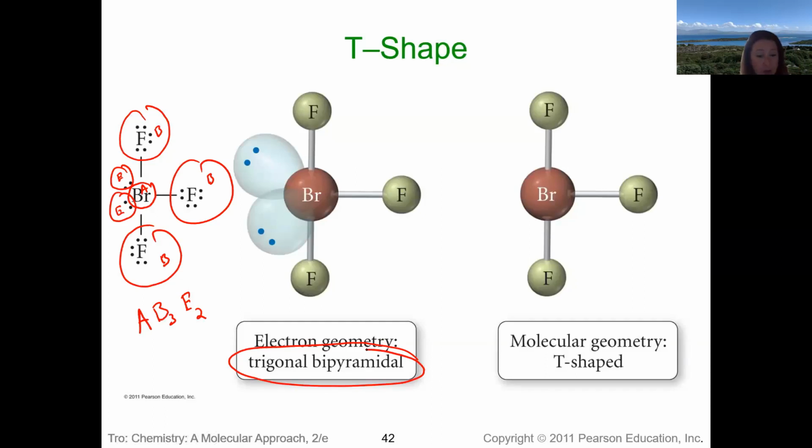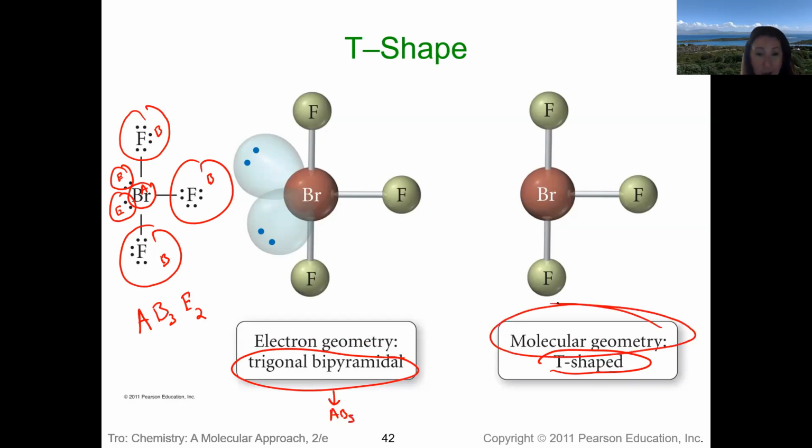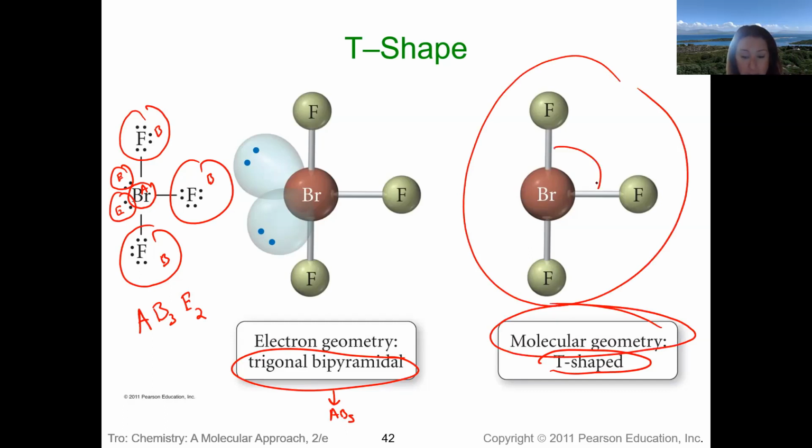That's the electron geometry because there's 5. But because we have the lone pairs, it actually looks more like a T. So trigonal bipyramidal, that's what we call the electron geometry. That's AB5. But the actual molecular geometry, meaning the shape of the molecule, this is a 90 and a 90. It literally looks like a T. We call this T-shaped.